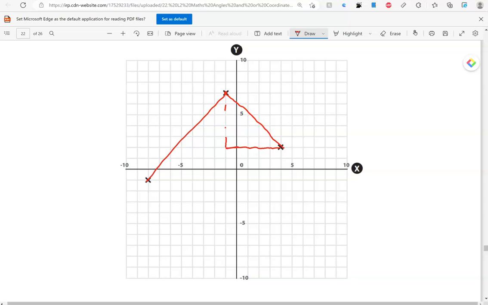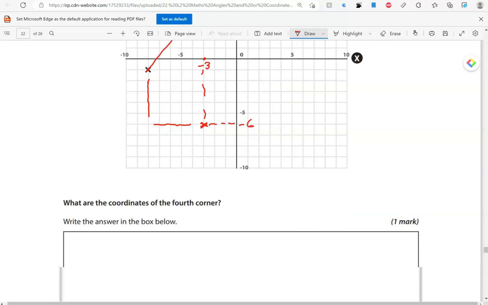So I'll do the same with this corner. 1, 2, 3, 4, 5, 1, 2, 3, 4, 5. So the missing corner is right here. What are the coordinates of it? This is -3 and this is -6.